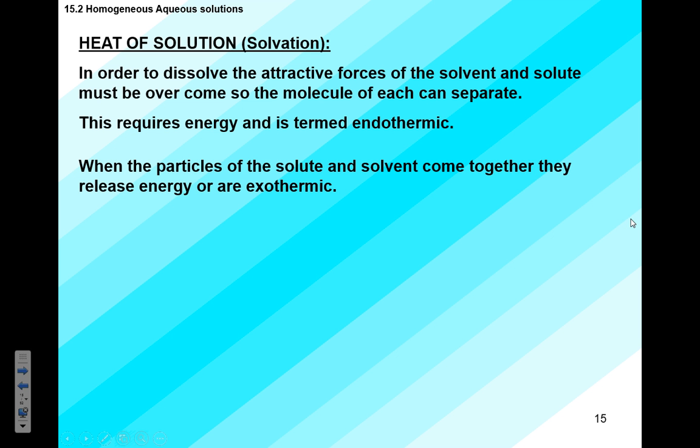That means their energy is dropping. It's losing energy. Well, that energy is going to go to the surroundings. So when particles of solute and solvent come together to form new bonds, that's going to release energy, and we call that exothermic. So all dissolving involves the endothermic part, where we have to break the old bonds, and the exothermic part, where we make new bonds.